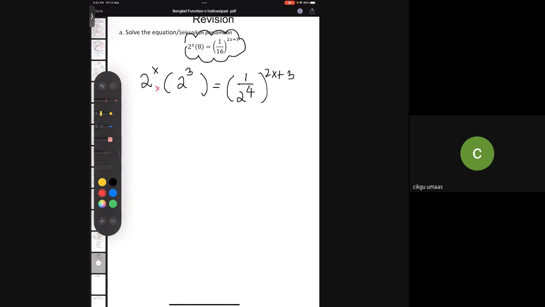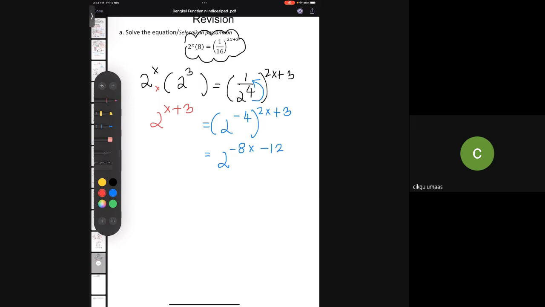This is times. So when you times, atas kuasa akan tambah. Next one. When you take this up, bila dinaikkan ke atas, kuasa akan jadi negative. The power will become a negative. You know that very well. So when I expand this, I'm going to get negative 8x minus 12.